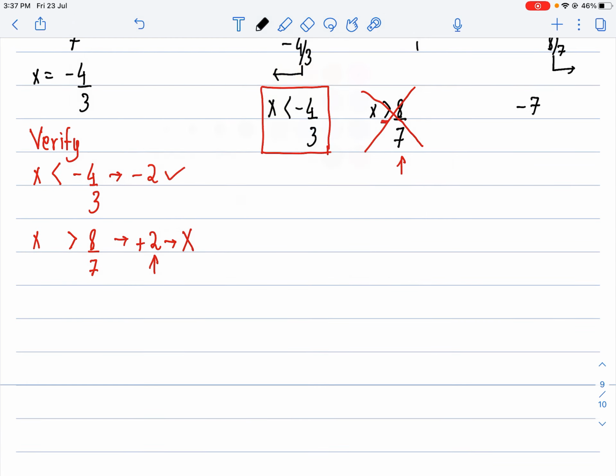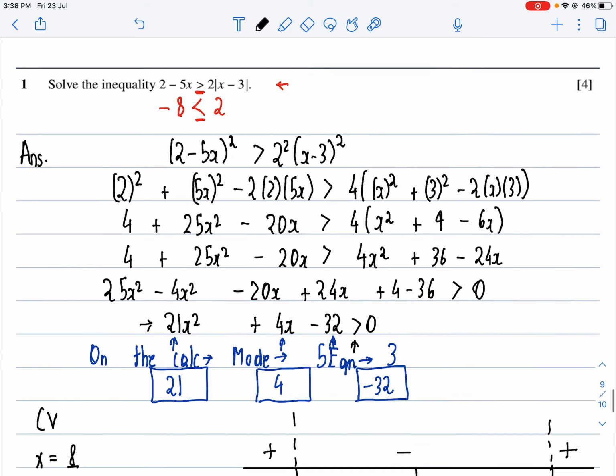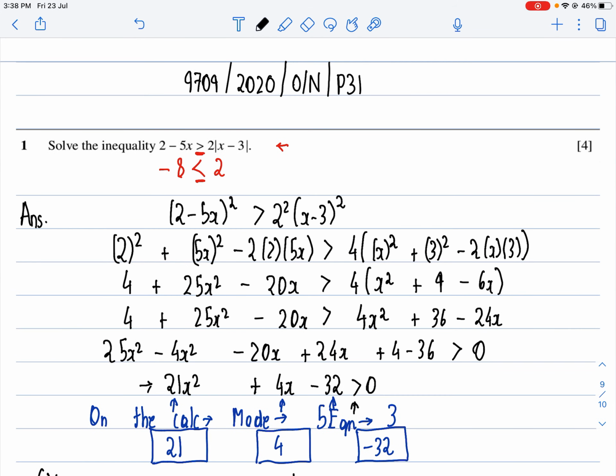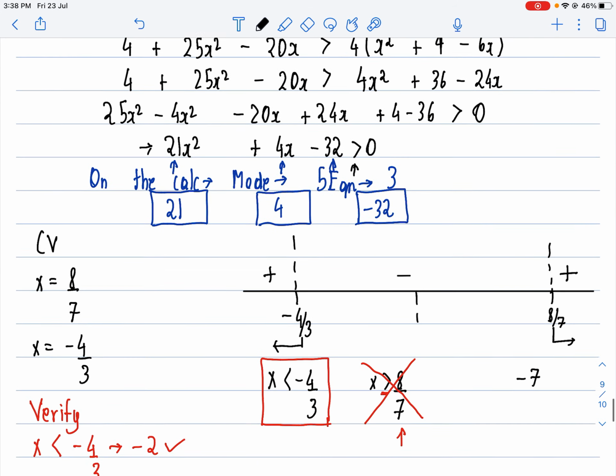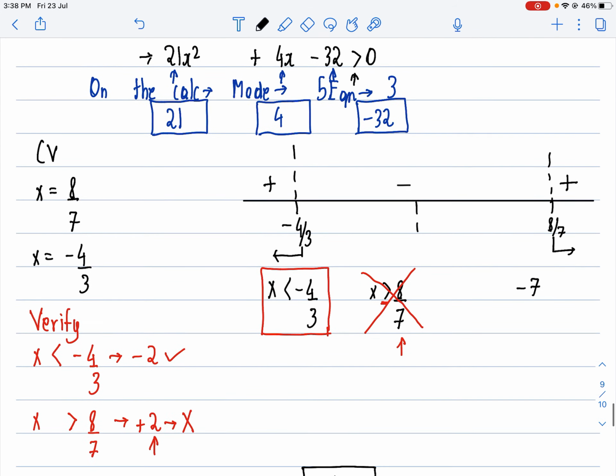So I'll simply write it down here again, x less than -4/3, which is basically the final answer. So this is how you eliminate the value if it does not verify. That's why I always ask you to verify the answer, because this was a very recent past paper, October-November paper 31, 2020, and this was asked. So it's very, very important to verify your answer.